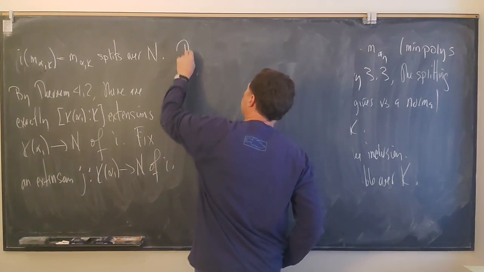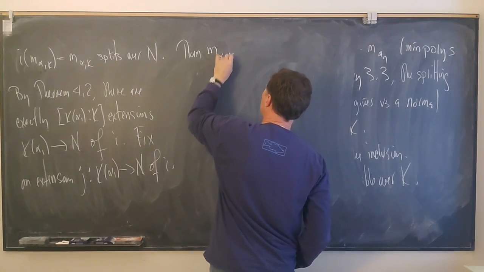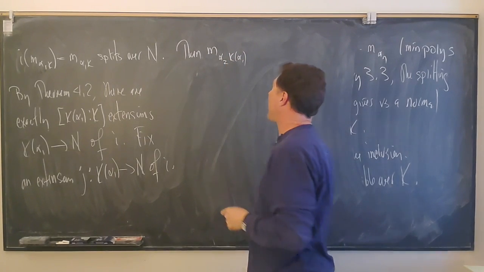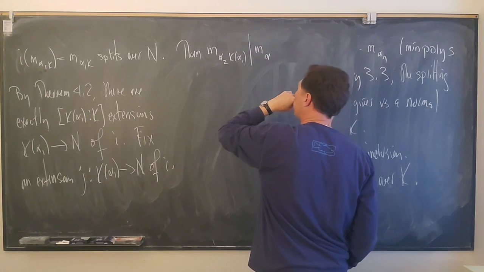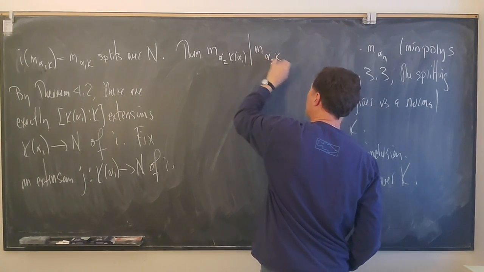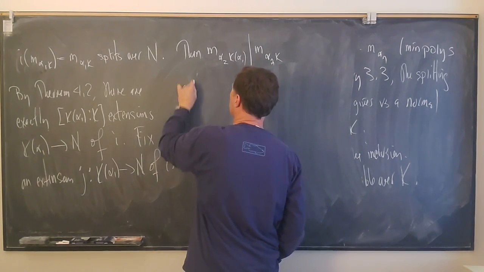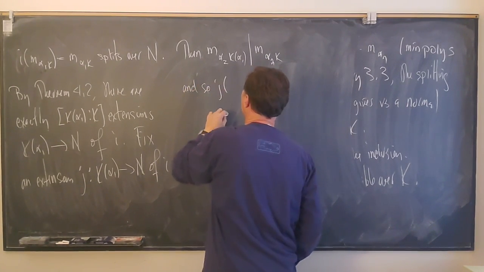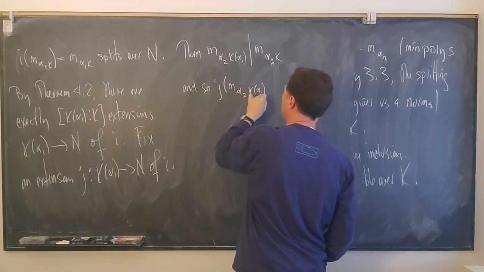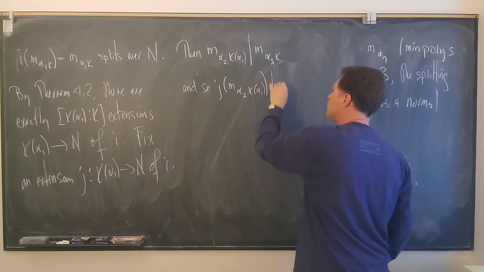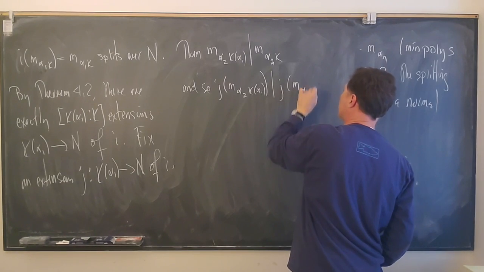The minimal polynomial of alpha 2 with respect to K adjoin alpha 1 divides the minimal polynomial of alpha 2 with respect to K. And so j of the minimal polynomial of alpha 2 with respect to K alpha 1 divides j of the minimal polynomial of alpha 2 with respect to K.